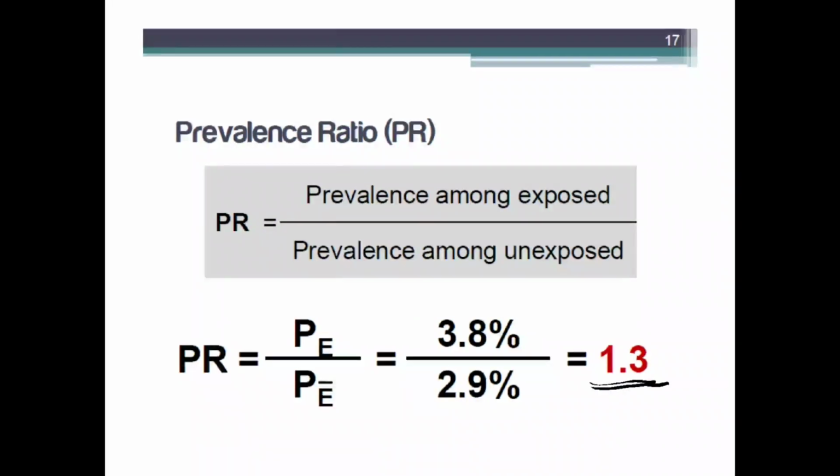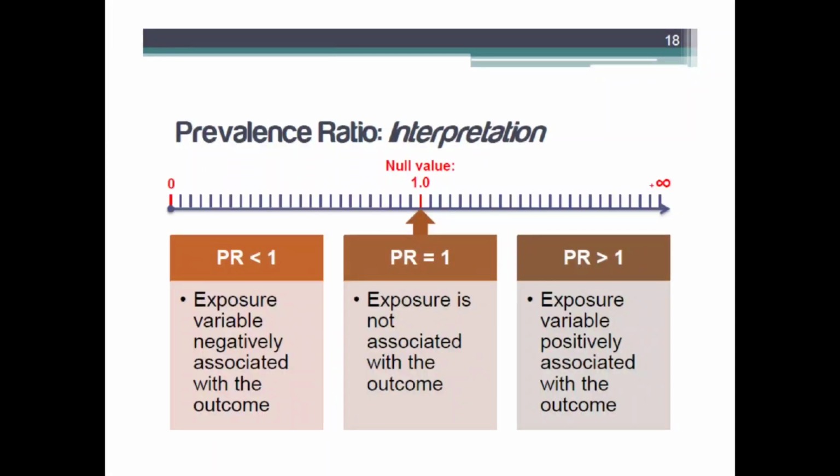Tapos na ba? Hindi pa. So, the last step is we need to interpret kung ano yung magiging ibig sabihin nung value na nakuha. So, for the interpretation of your prevalence ratio, if the value is less than 1, that means the exposure variable is negatively associated with the outcome.